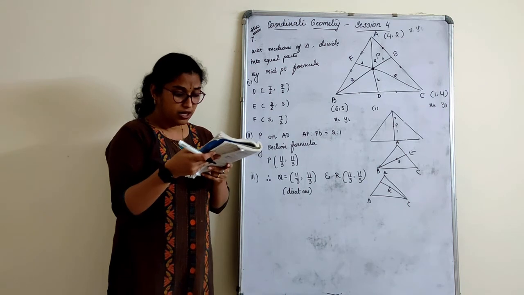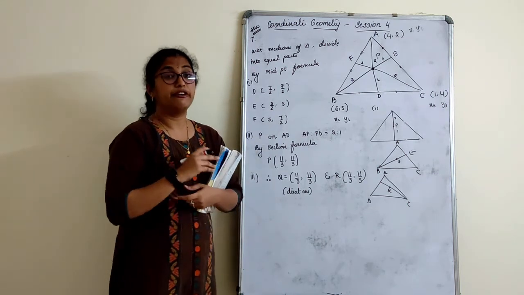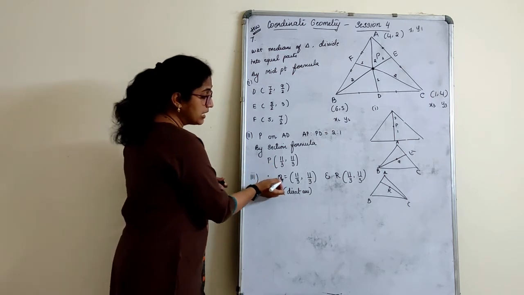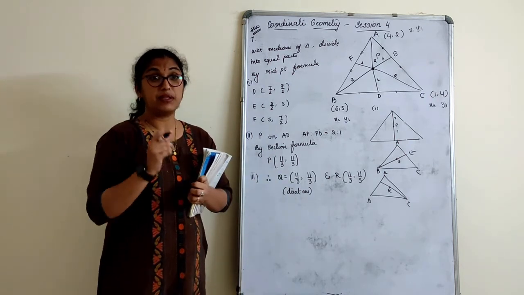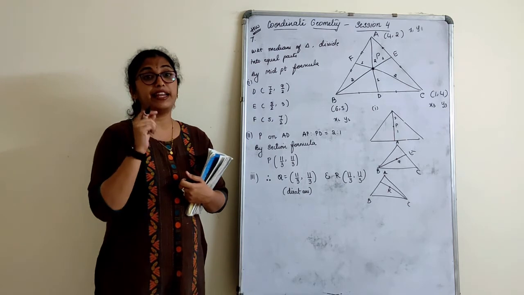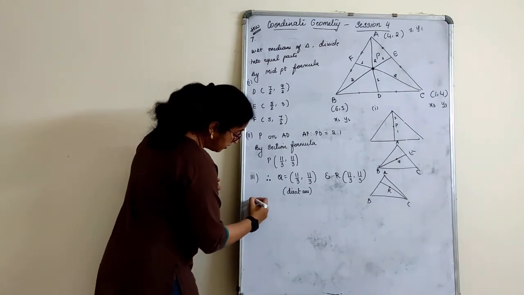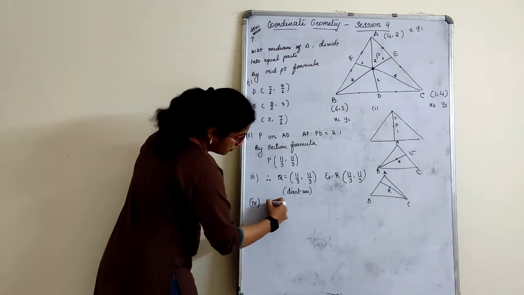Done. What do you observe? We observe that the coordinates of P, Q and R are the same. That is the point where all three medians meet. So here, fourth one, what do you observe?